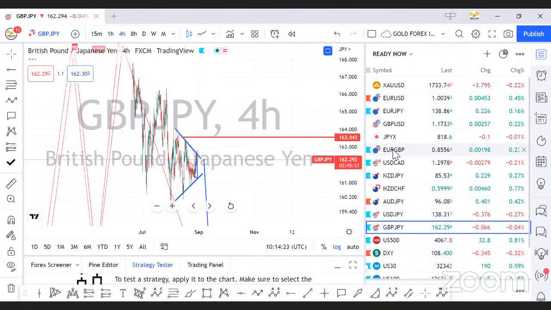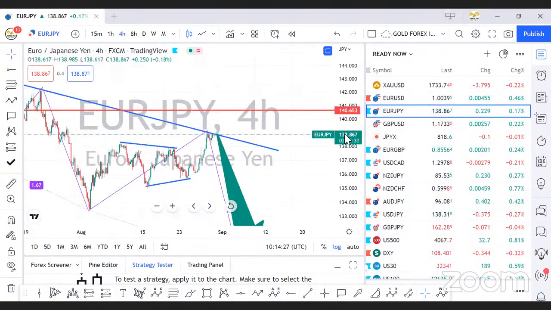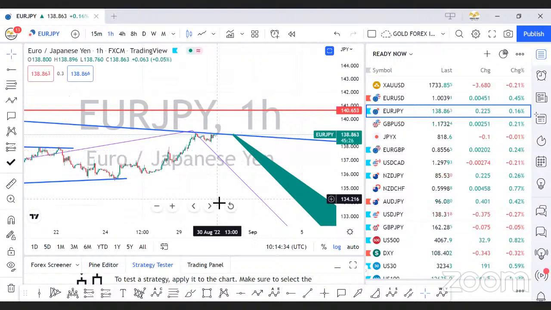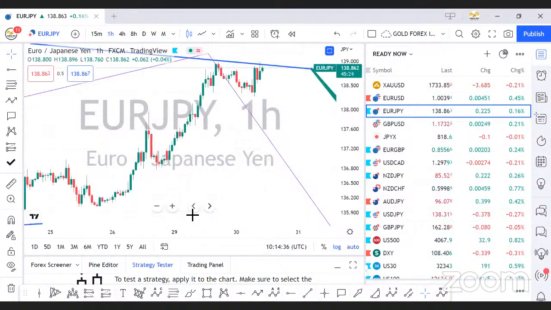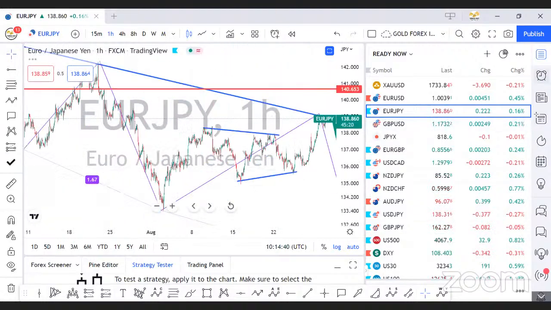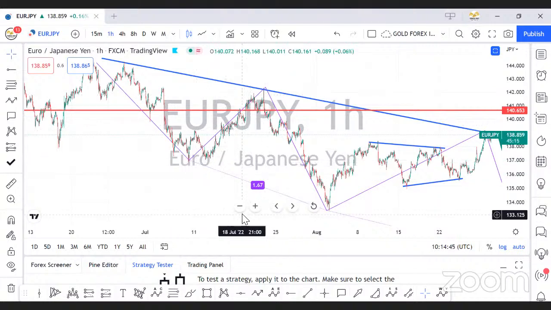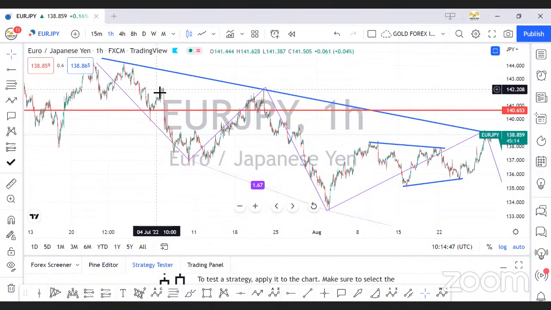I think we did the euro JPY too. I said I'm expecting more or less maybe a 3 drive pattern over here if this thing should hold. So it all depends on the yen index, what it will happen.